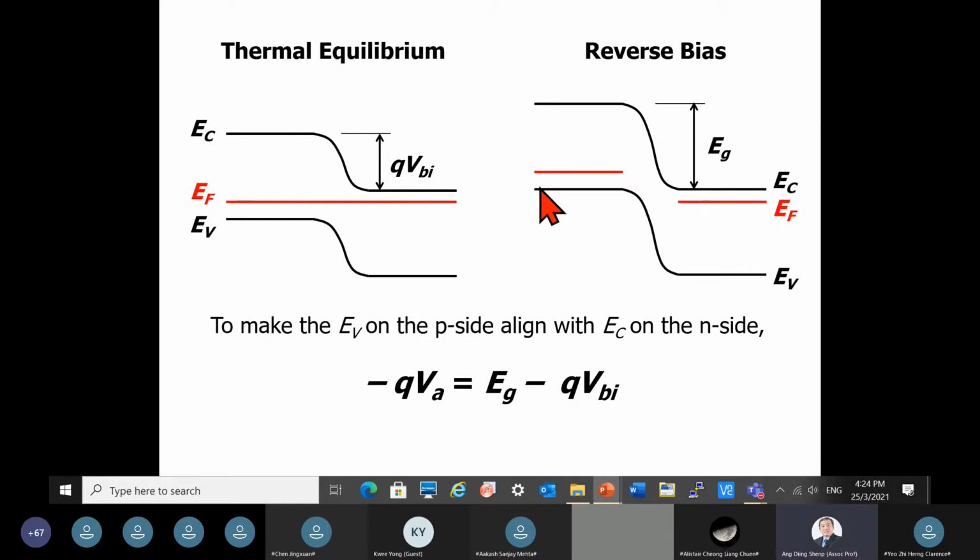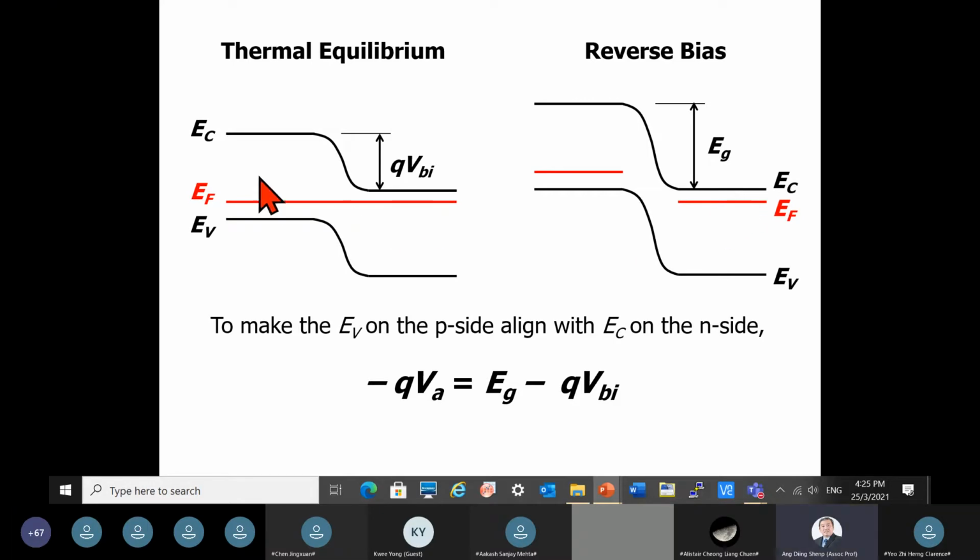And in order to bring the EV on the P side to be aligned with the EC on the N side, the band diagram on the P side must shift up relative to the N side by an amount equal to the band gap energy. I think it's quite easy to understand this, right? So if I shift the band diagram on the P side upwards by an amount equal to the band gap energy, then the EV on the P side will get aligned with the EC on the N side.